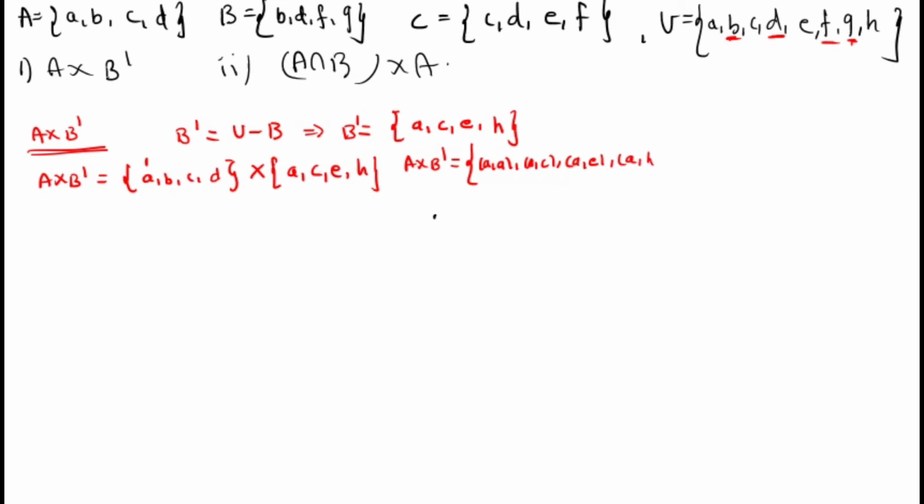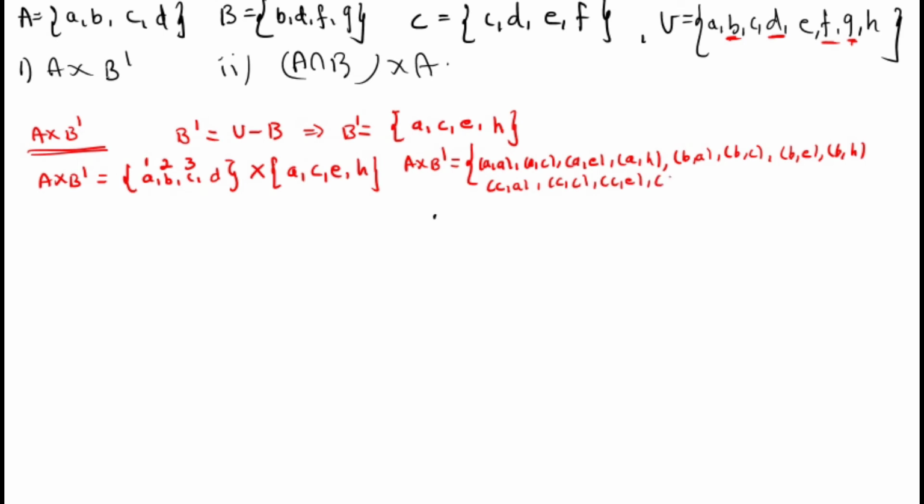Then start with the second element, that is B. So you will get (B, A), then (B, C), and the third (B, E), and the fourth (B, H). Okay, then third element, that is C. So you will get (C, A), then (C, C), then (C, E), then (C, H).